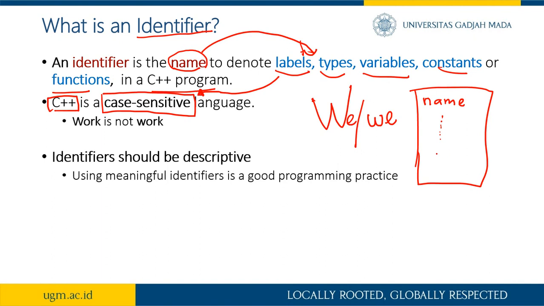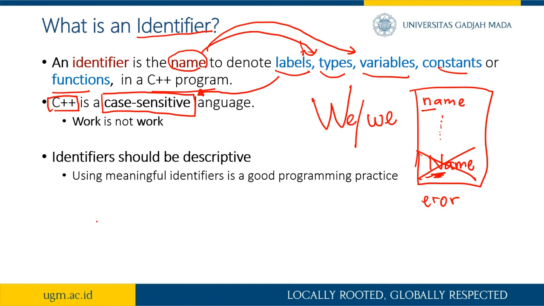But at the end of the program, you try to call that name by using uppercase. This won't work. It will result in an error in your program because it's different. So beware of case sensitivity when giving names to your variable, constant, and etc.